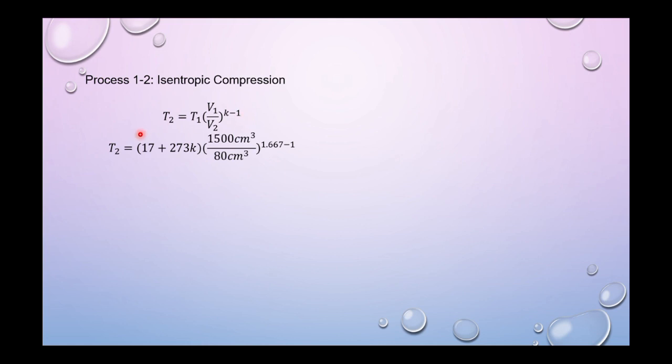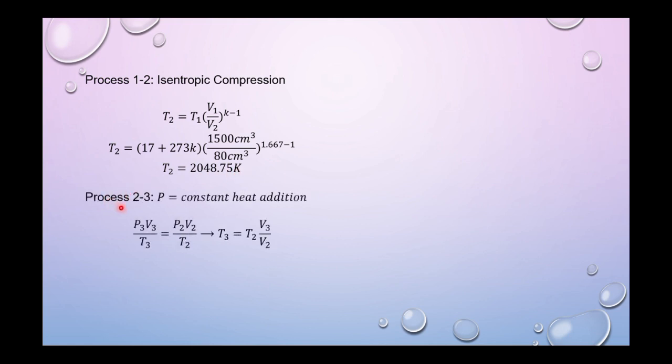Substitute, so our T2 is equal to, since our temperature is 17, we need to convert it into Kelvin, so 17 plus 273, times 1,500 cubic centimeter over 80 cubic centimeter raised to 1.667 minus 1. So, simplify. Our temperature 2 is equal to 2048.75 Kelvin.